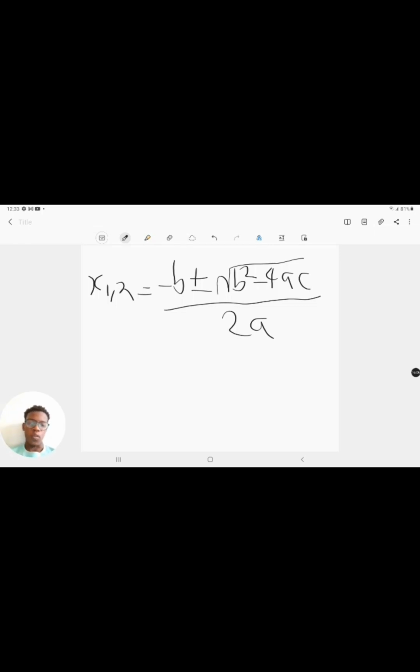This quadratic formula will help you find the actual value of your roots.